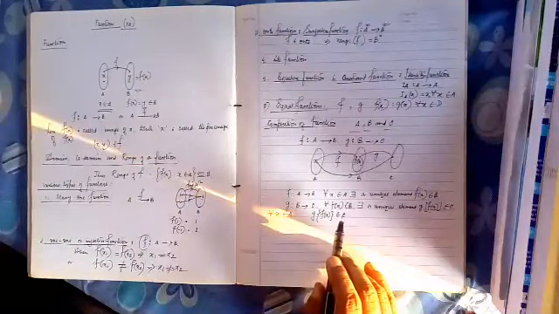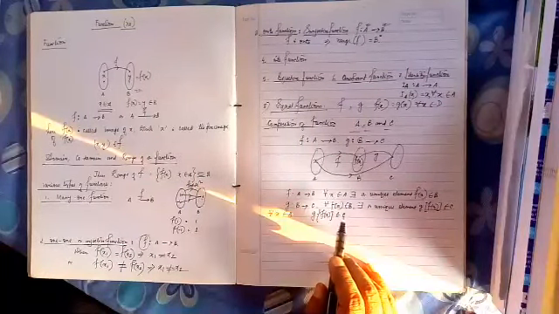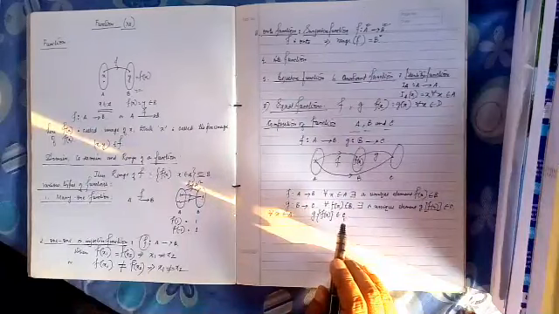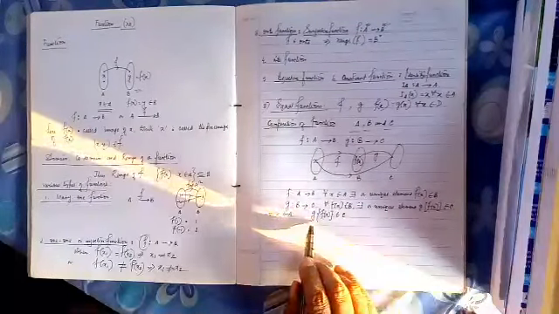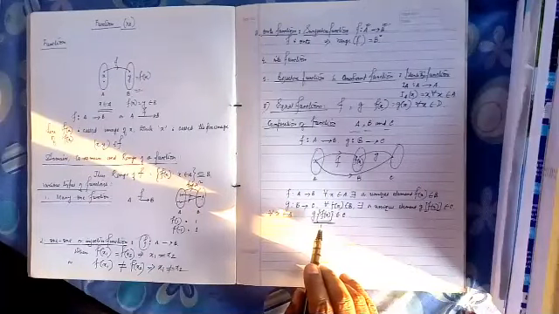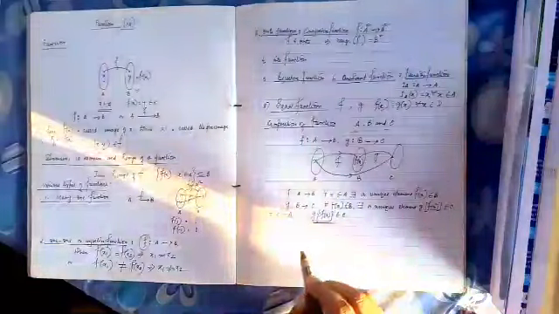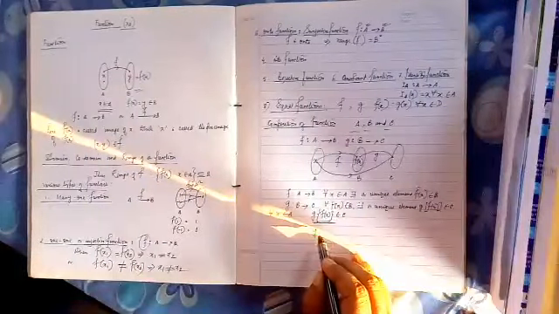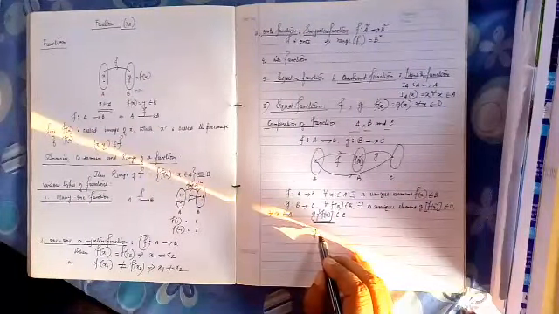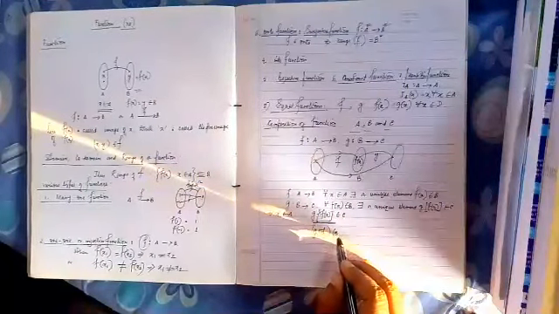This function is called the product or composite of f and g, denoted by g of f. What is the variable? x.